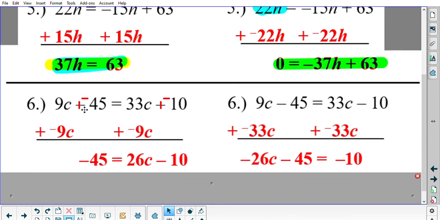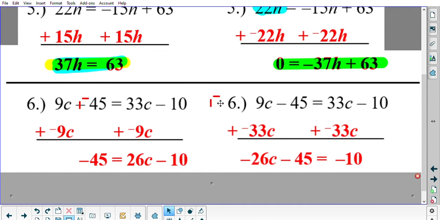You see why I would tell you to make subtraction adding the opposite? Because if you don't, are you going to realize that this minus to the left of the 45 makes it negative 45? I don't know if all of you would have. So maybe you should make it adding the opposite, so that way you know it's going to be negative 45.